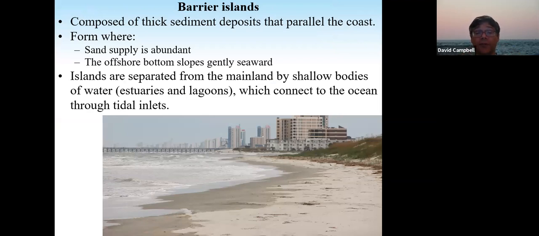If you're someplace with a very narrow continental shelf, then pretty quickly it drops off as the slope. That sand's going to be washed out and down and gone rather quickly. But a relatively flat, very broad continental shelf gives an opportunity for the sand to accumulate and give us the barrier islands.